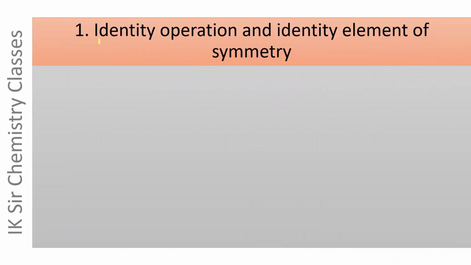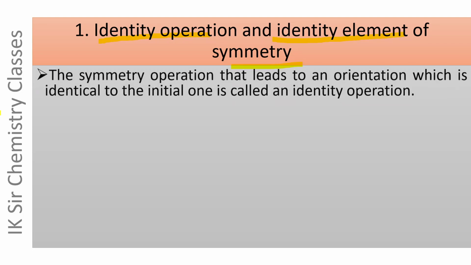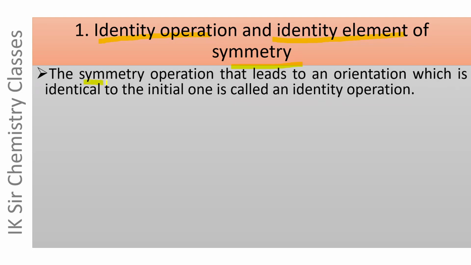First of all, identity operation and identity element of symmetry. The symmetry operation that leads to an orientation which is identical to the initial one is called an identity operation.